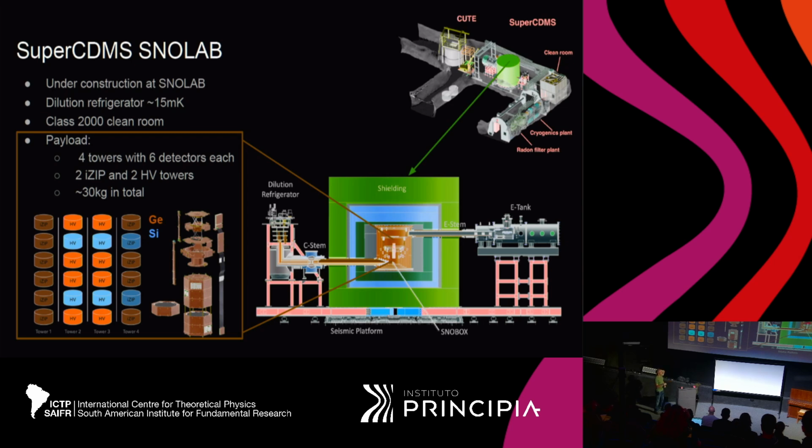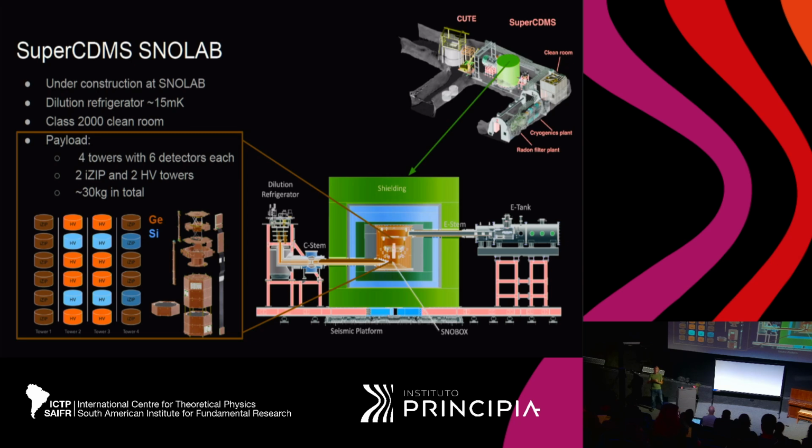Okay, so these sensors, they are going to have a lot of them, and they mixed between germanium sensors and silicon sensors. In this case, because you are looking at charge, at ionization, at the same time as phonons, you have a smaller selection of materials that you can try compared to CRESST.